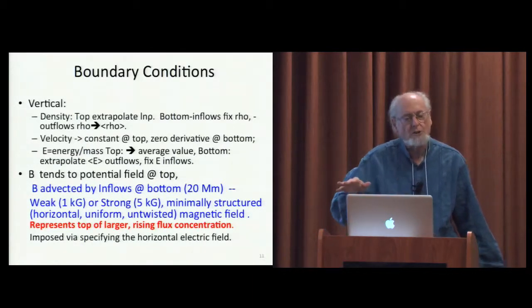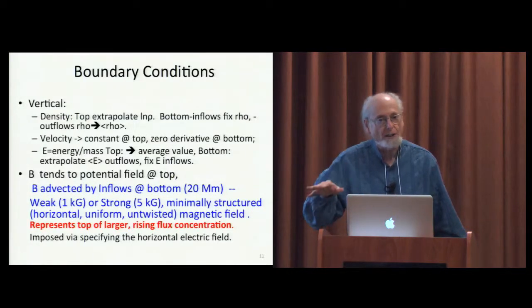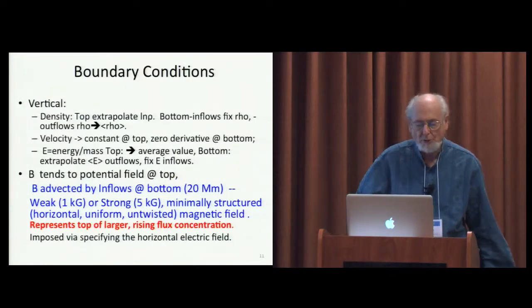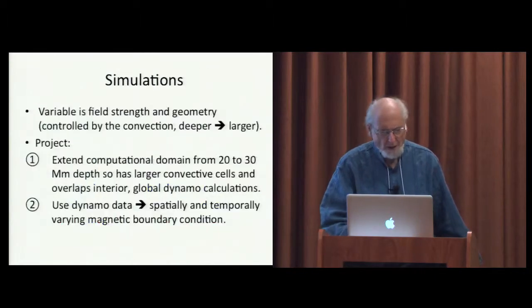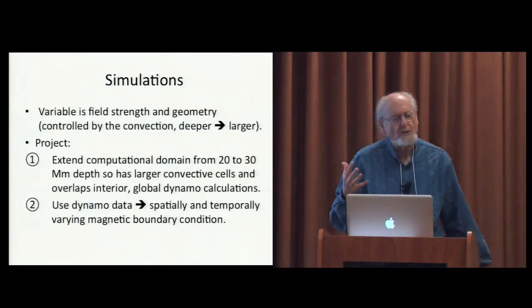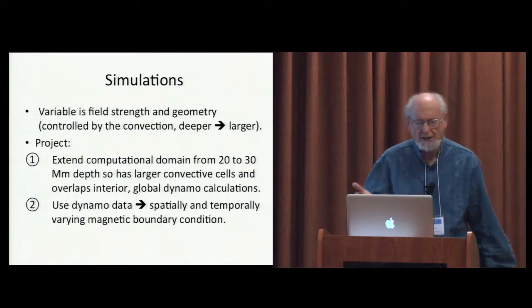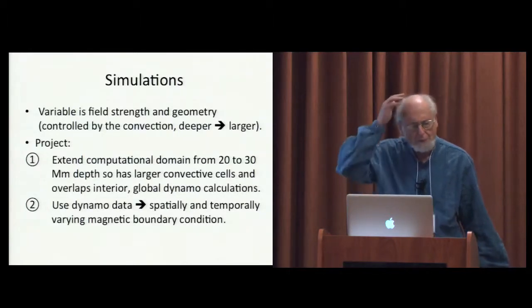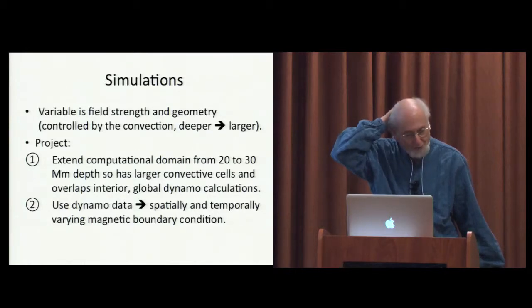The boundary conditions can't be imposed directly on the magnetic field. They're imposed via the electric field, so we maintain div B equals 0. Now for the simulations, the thing that's really varying is the magnetic field, its strength and its geometry. And so there's sort of 2 pieces to my part of this project.